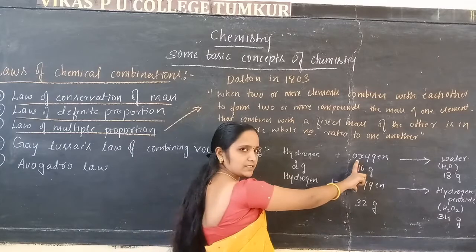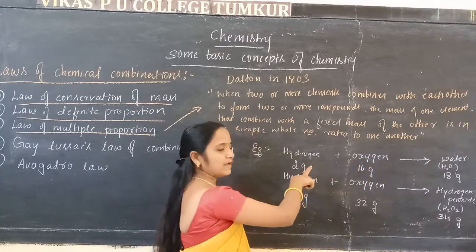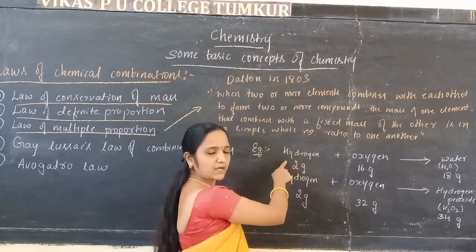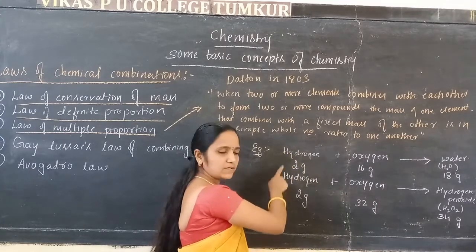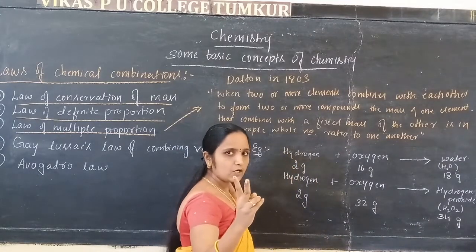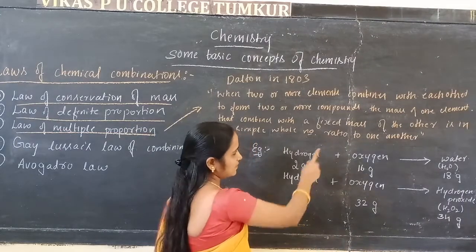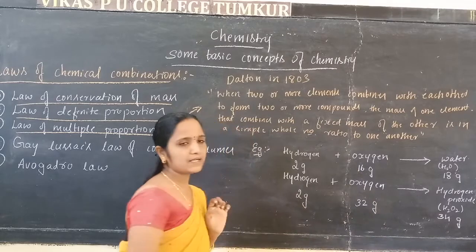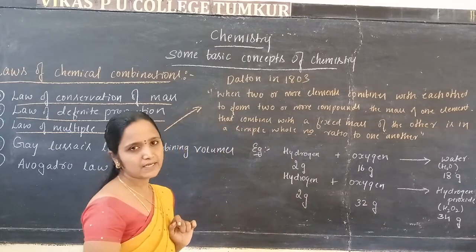The mass of oxygen combines with the fixed mass of hydrogen. Fixed mass of hydrogen means, you can observe, hydrogen in both cases is taken as 2 gram only. The fixed mass of the other is in a simple whole number ratio to one another.